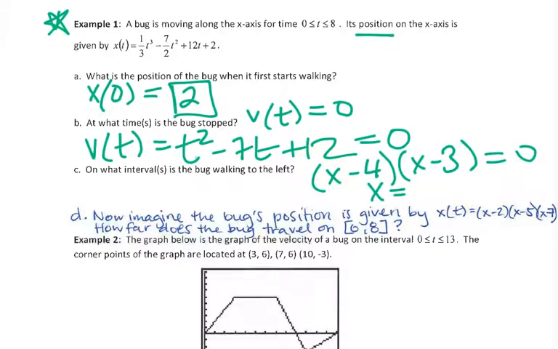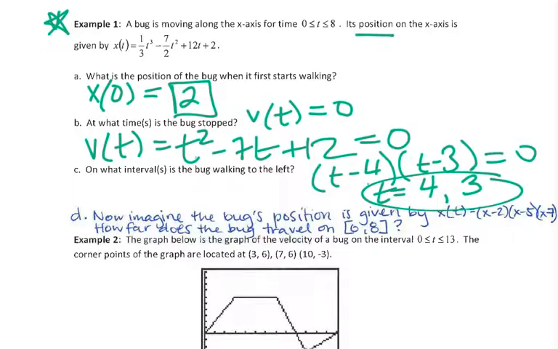So the velocity will be equal to 0 when t is 4 and when t is 3. So when is the bug stopped? At least temporarily, it's at time equals 4 and time equals 3. Maybe 4 seconds and 3 seconds.